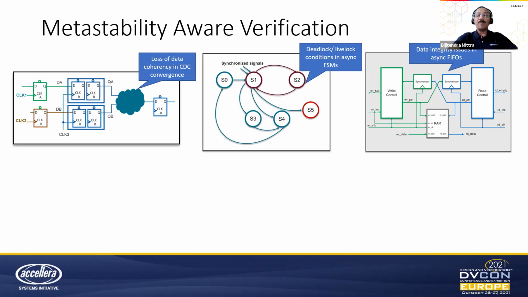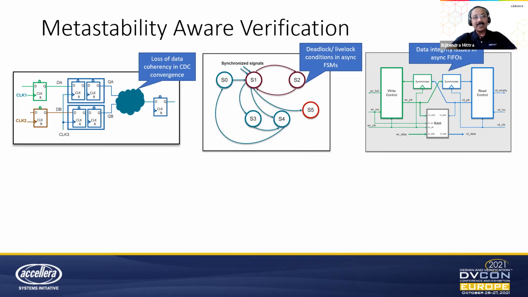Now, talking about metastability aware verification, there can be multiple scenarios where metastability can cause a functional failure of the design. The first one is a classic example of a CDC convergence where two paths are converging into some combo logic through synchronizers. Now, if they have a timing relationship, if there exists a data coherency on the inputs, it's not guaranteed that the output of the synchronizers would have that same data coherency because of the unpredictable delay in the synchronization paths.